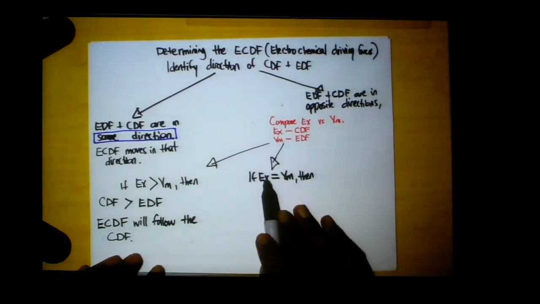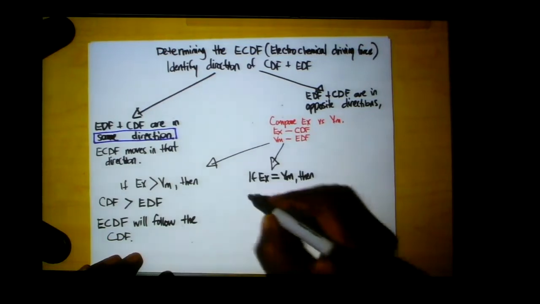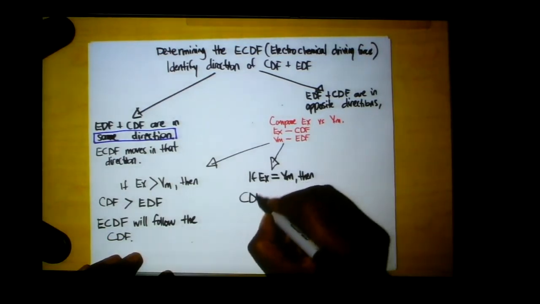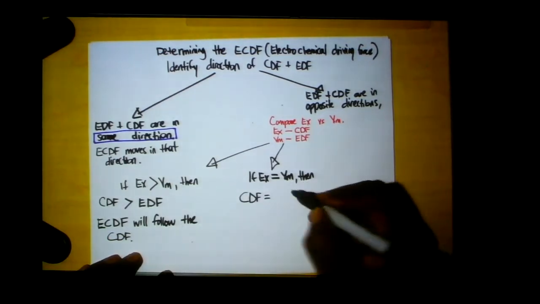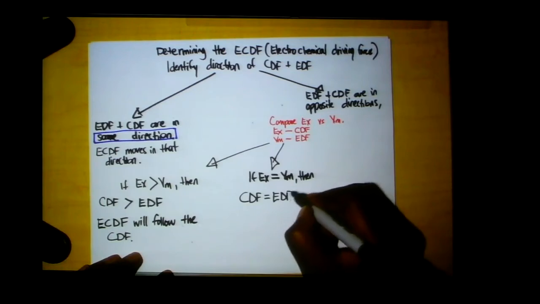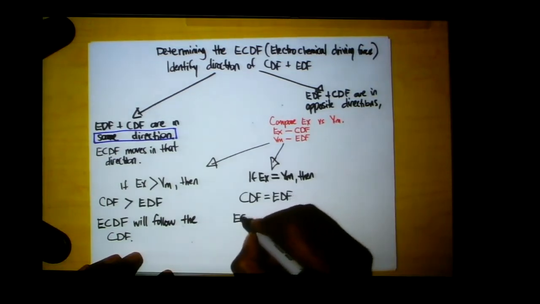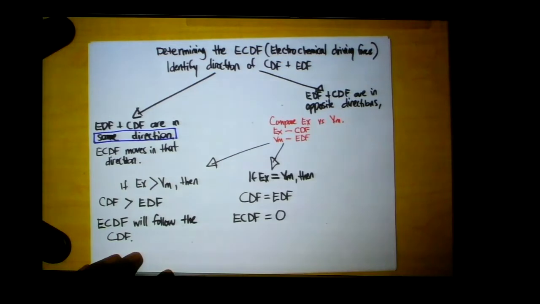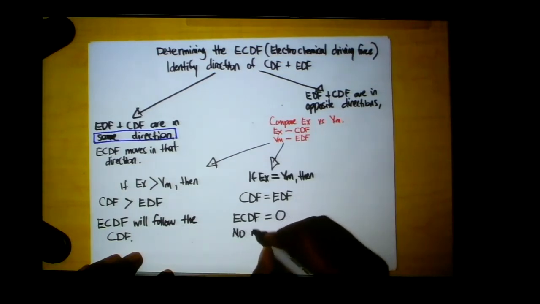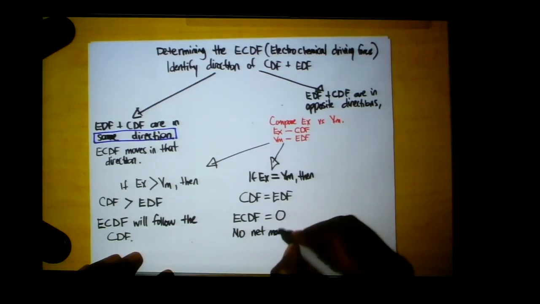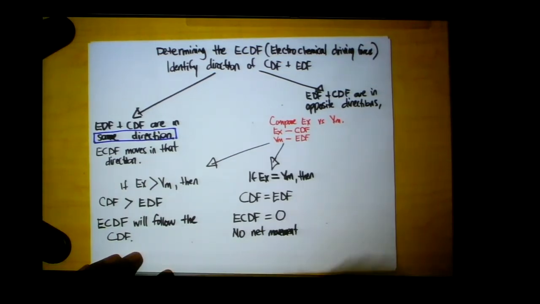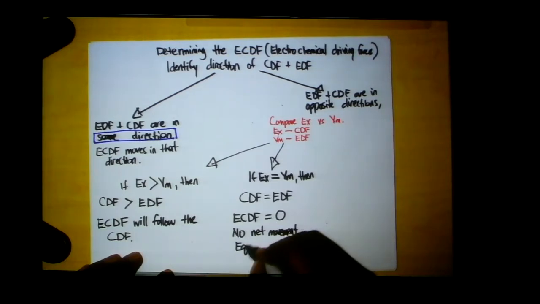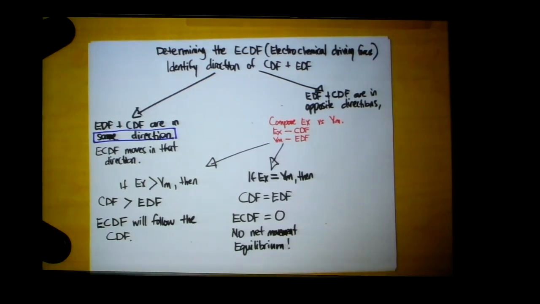So if the equilibrium potential is equal to the membrane potential, then that tells us that the chemical driving force is equal to the electrical driving force, and then that total sum force, the electrochemical driving force, equals 0. No net movement here. I'll put equilibrium. So these particles are at equilibrium.